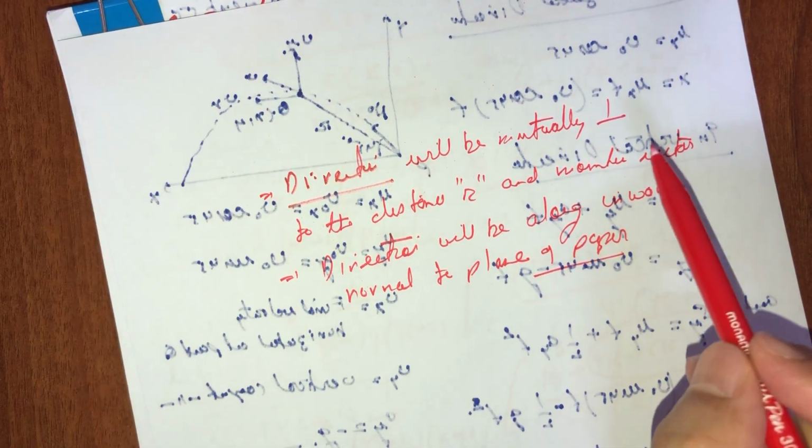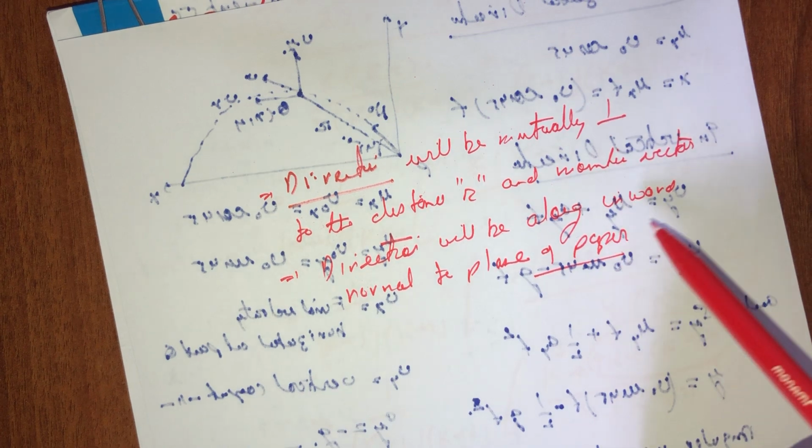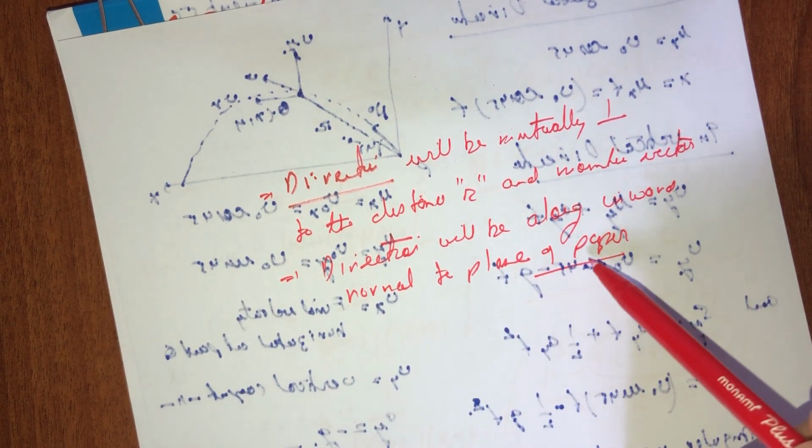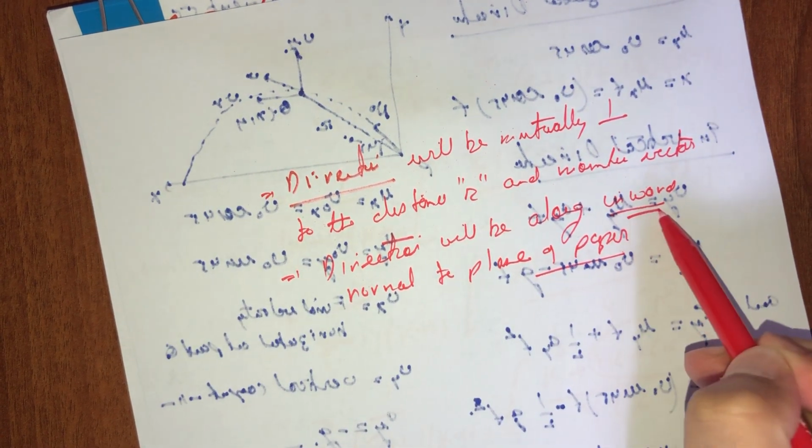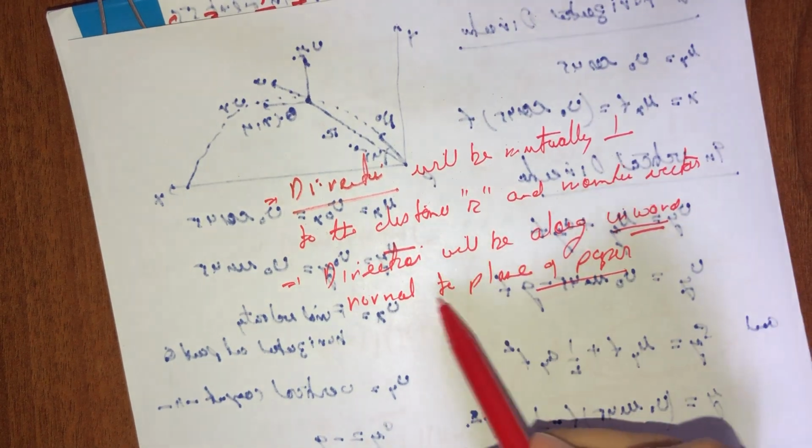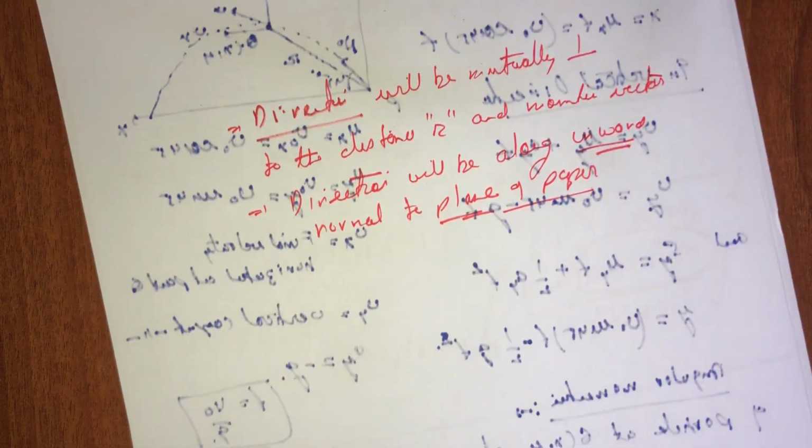So we get it will be mutually perpendicular to the r and it will be along the inward normal to the plane of the paper. Thank you.